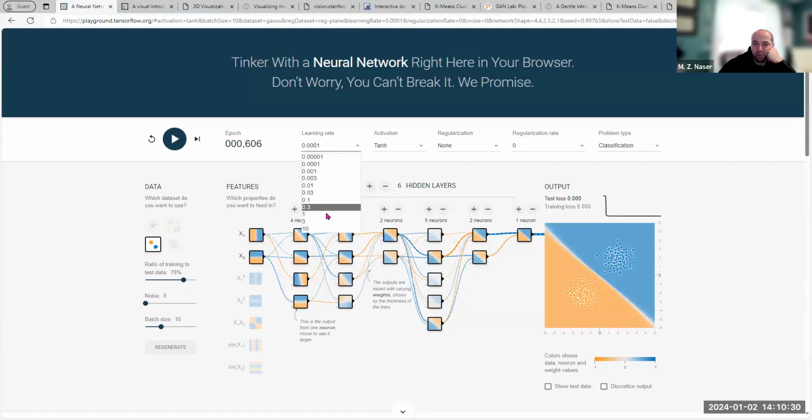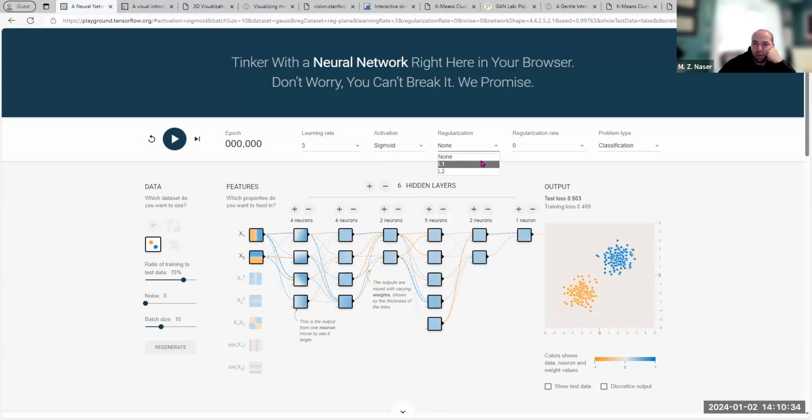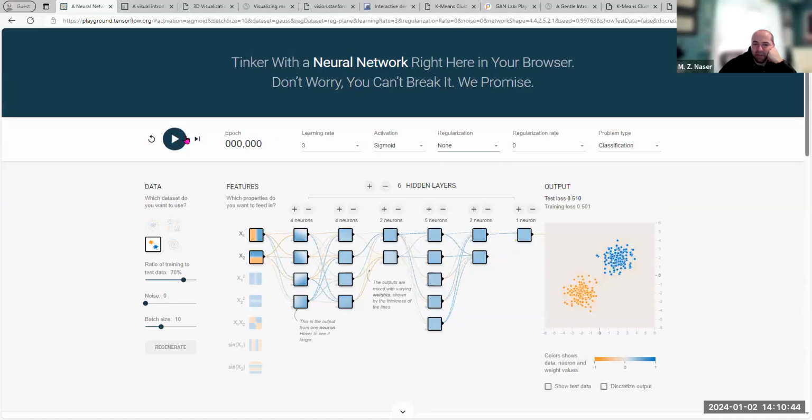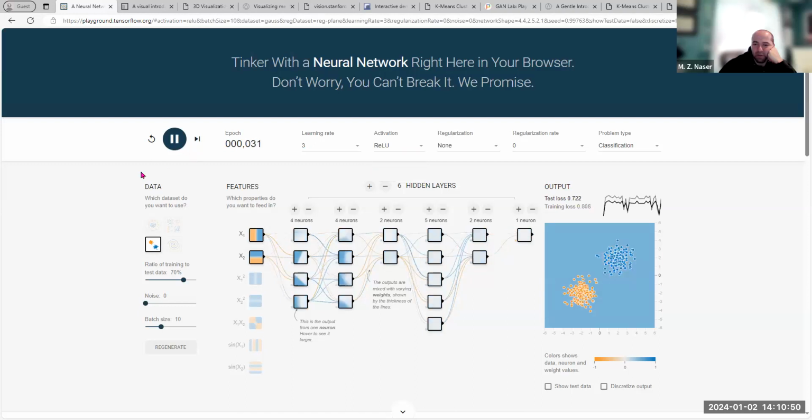If you change the learning rate or the activation function, or add regularization, you will get a different classification. So you can see here we have some funny behavior. If we bring it back to none, a different behavior. If we go back to ReLU, a little bit slower.